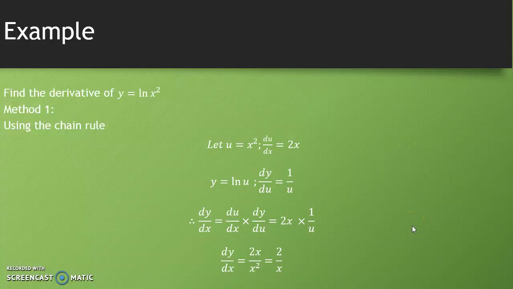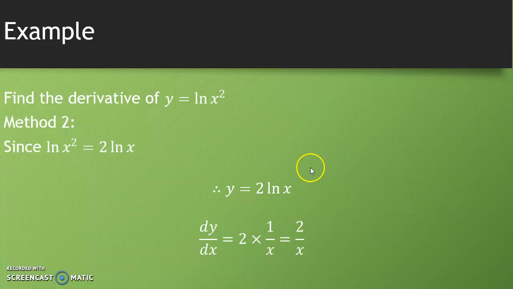The second method is actually going to use the fact that the natural log of x squared equals 2 times the natural log of x. This is what we looked at back when we were solving exponential equations and log equations. Realizing that that property exists, we can rewrite y equals 2 log x.